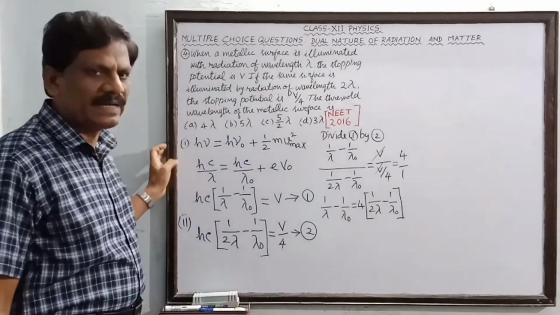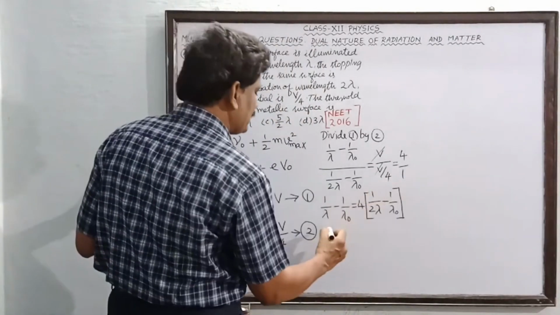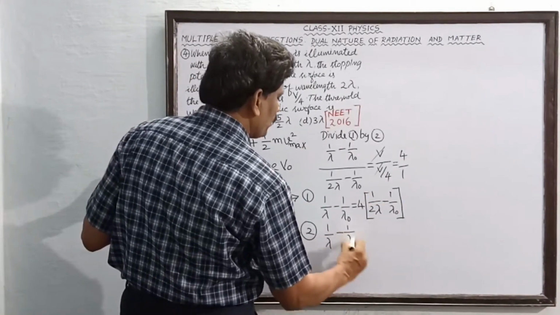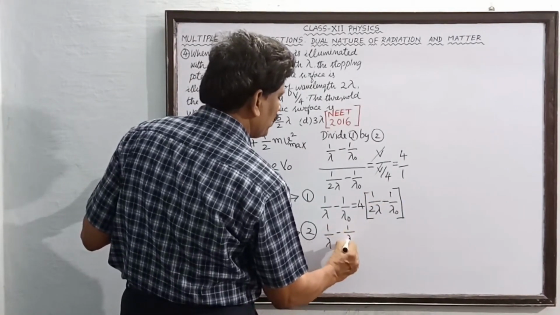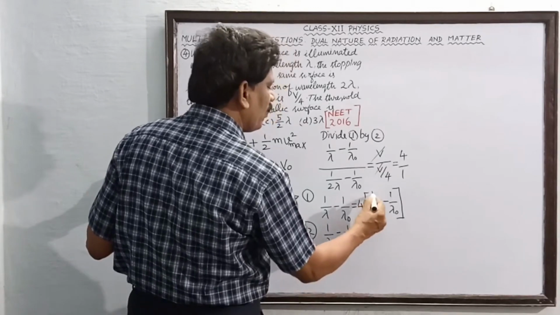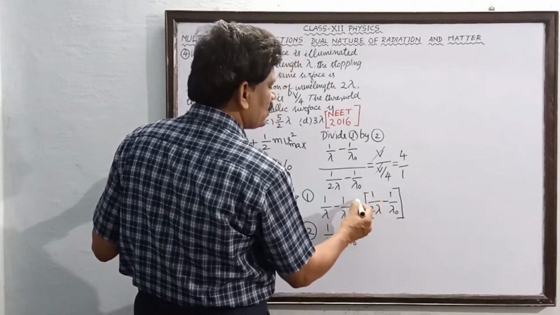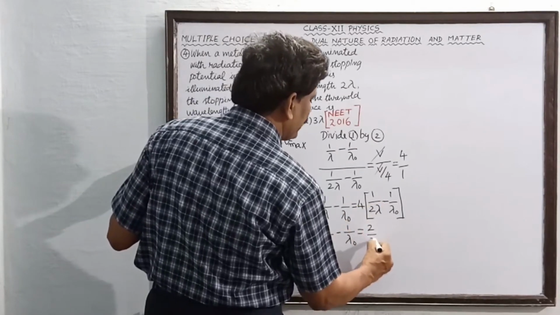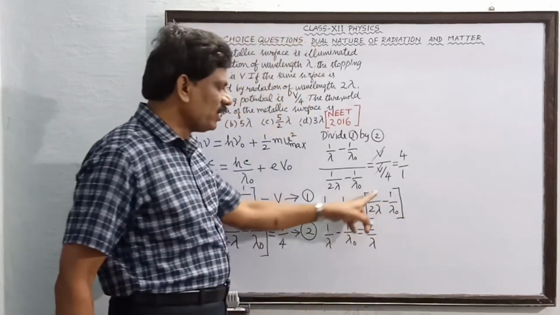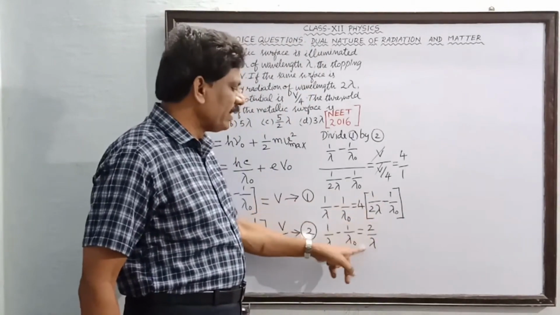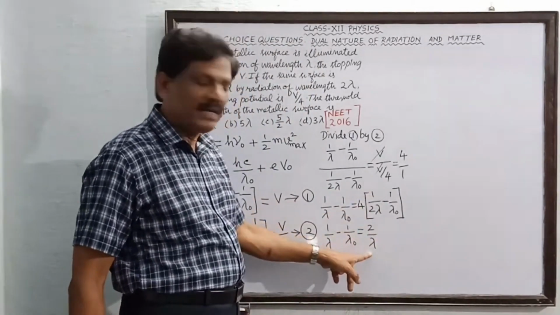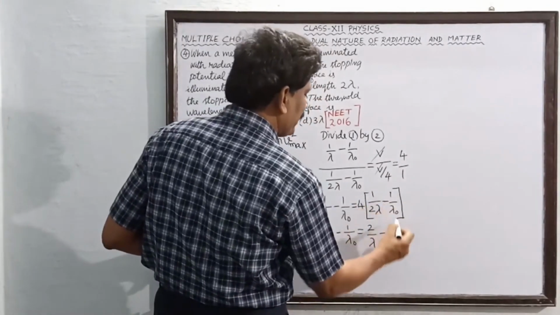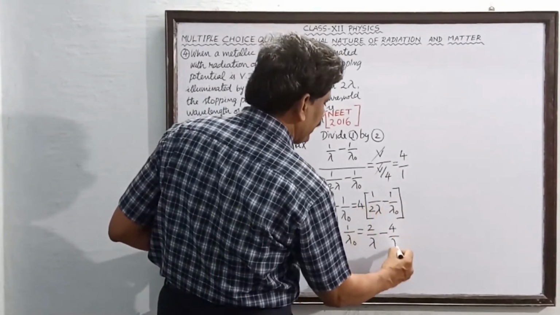Now you open up the bracket on the right hand side. Left hand side is the same, 1 by lambda minus 1 by lambda naught. This is equal to 4 divided by 2 lambda, which is 2 divided by lambda, minus 4 divided by lambda naught.